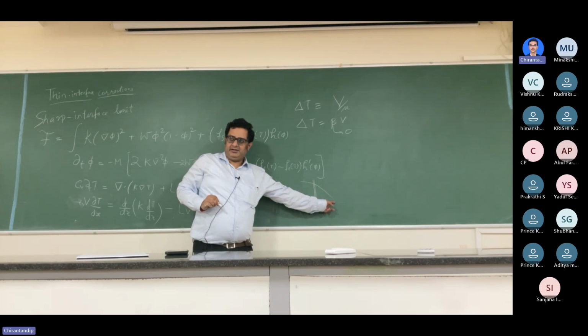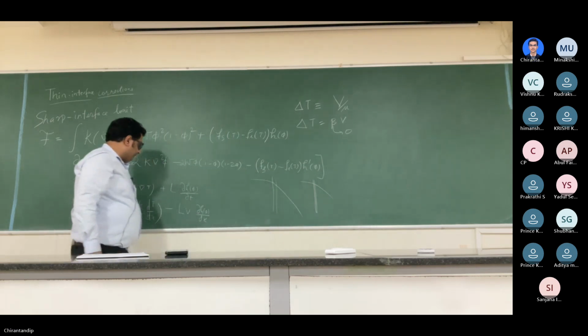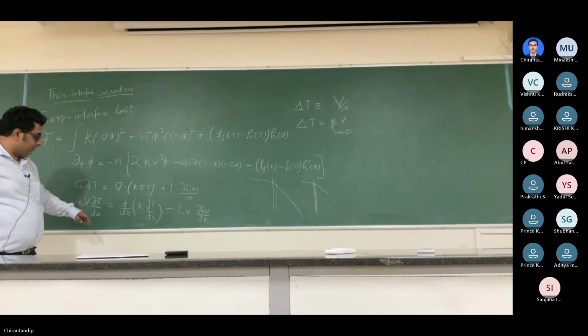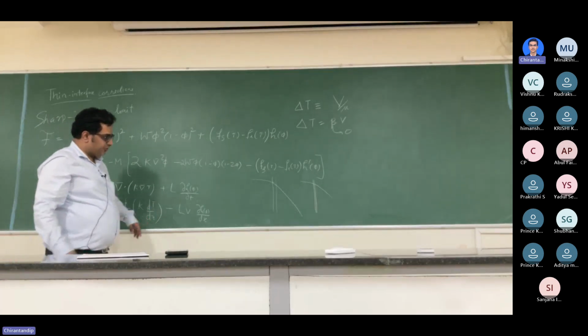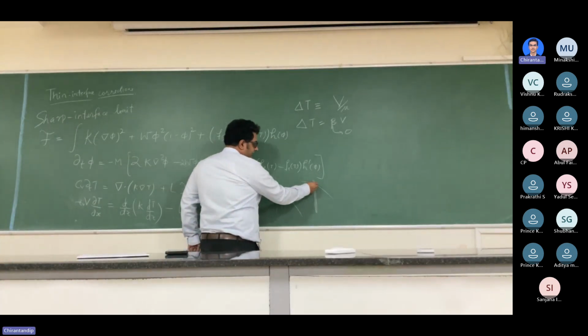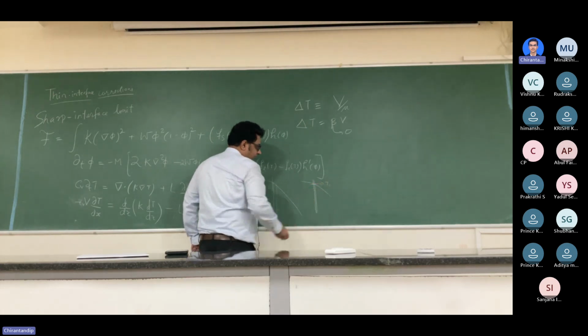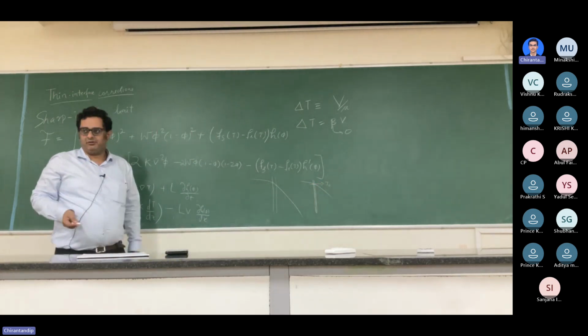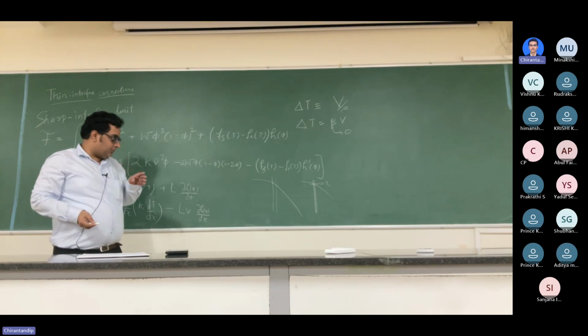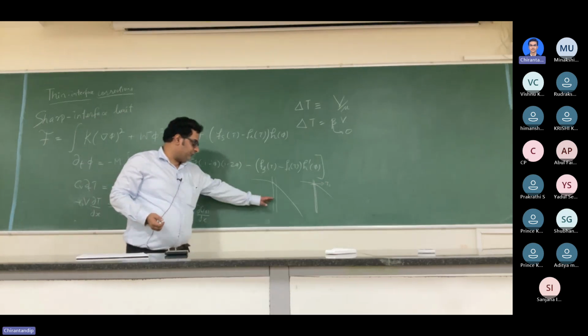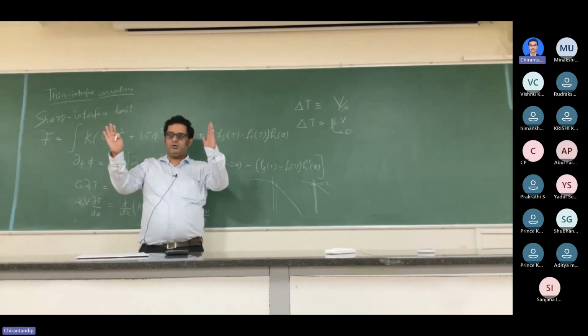In such a situation, the dominating term in the temperature in the interface can be assumed to be some value, which I'm going to refer to as T naught. So what am I doing? I'm essentially making this interface rather small.